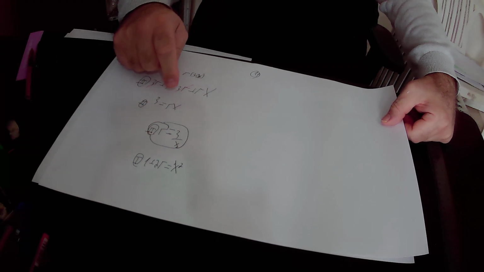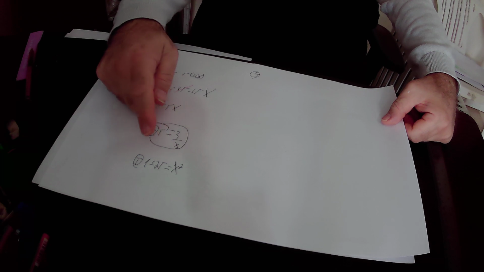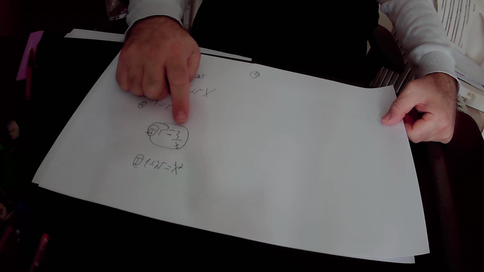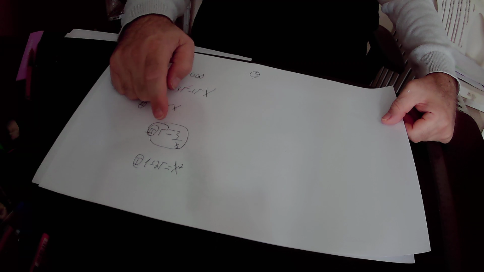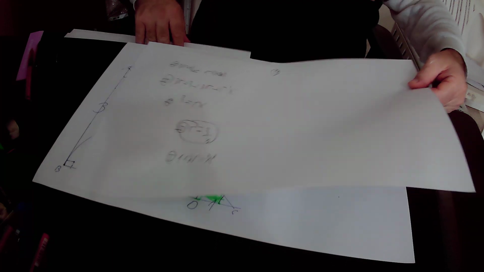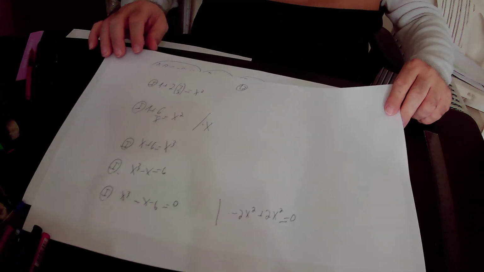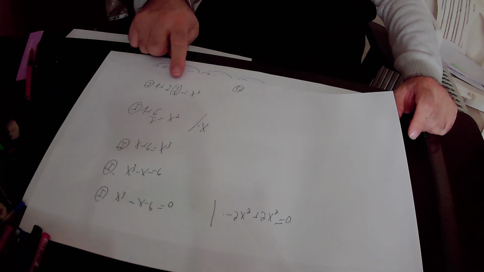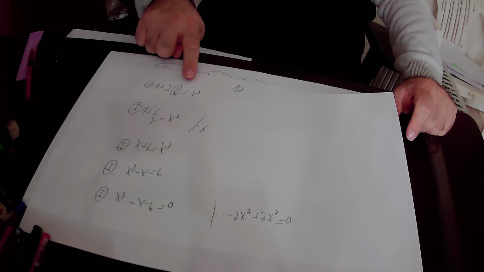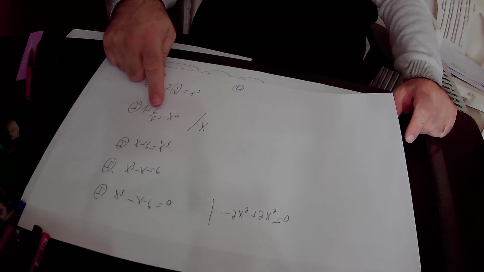So we can substitute R in equation number 1 by 3 over X because R equals 3 over X. So we substituted R by 3 over X in equation number 1 and we got the equation 1 plus 2 times 3 over X equals X squared. 2 times 3 is 6, so we got that 1 plus 6 over X equals X squared.